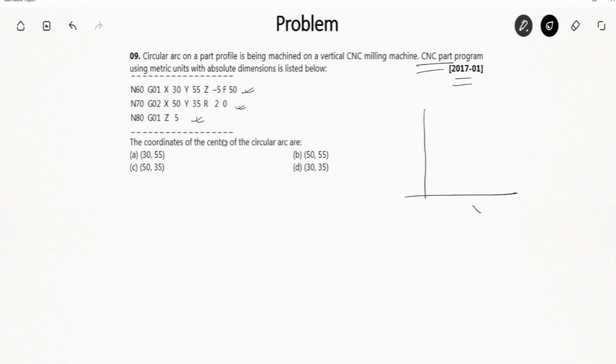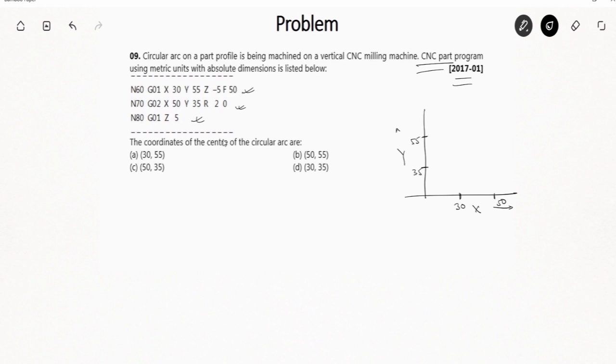So let's say this is x, this is y. Let's say x coordinates are 30 and 50, and y coordinates are 35 and 55.